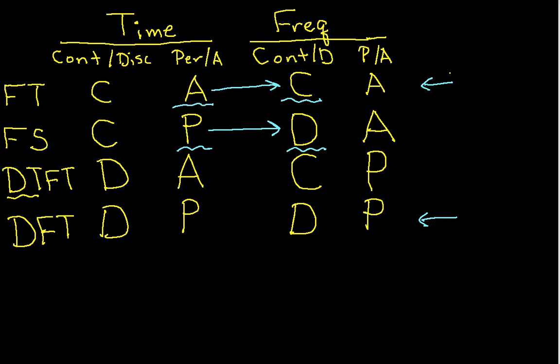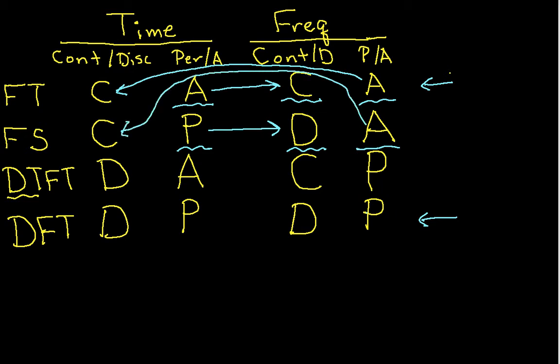You'll also notice everywhere I have an aperiodic frequency domain signal, I have a continuous time signal. Okay, so continuous time leads to aperiodic frequency. Every time I have a periodic frequency, I've got a discrete signal.